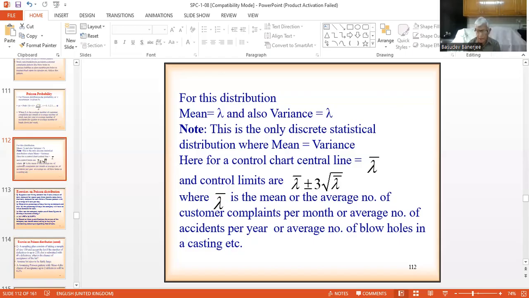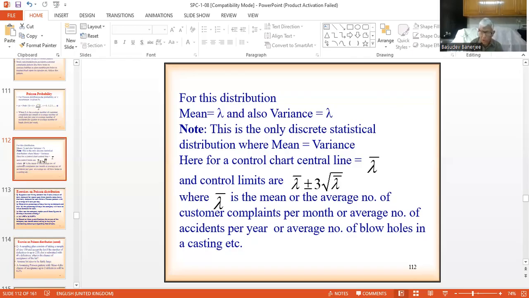Now, what percentage of time will you refuse demand? That is when the demand for cars is 6 and above, 6, 7, 8, 9, any number, then he will refuse demand, which is nothing but 6 to infinity of e to the power minus lambda, lambda to the power r by r factorial.